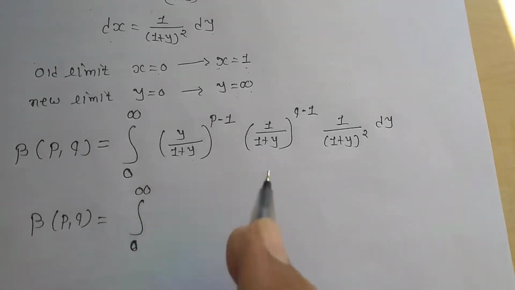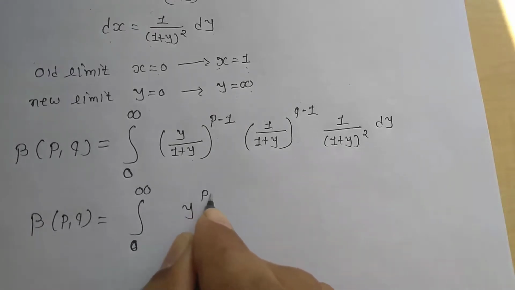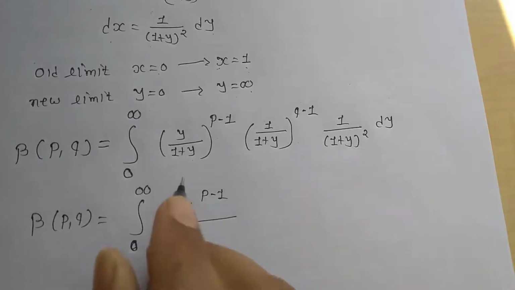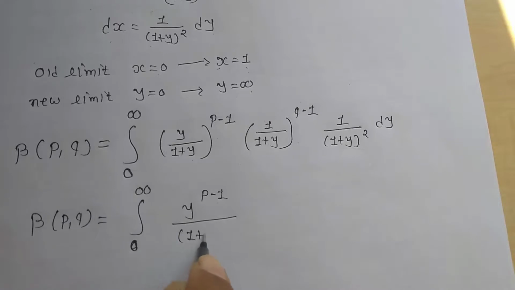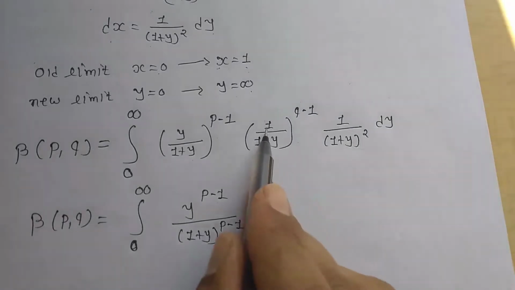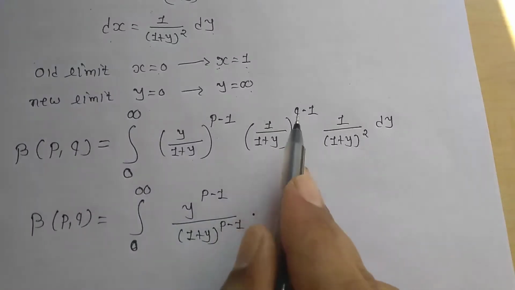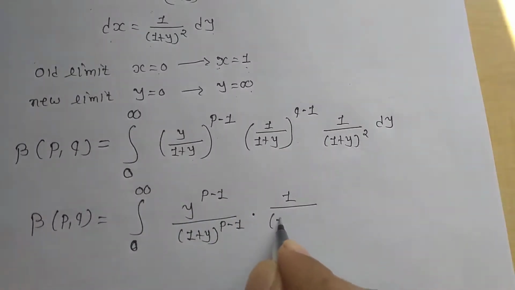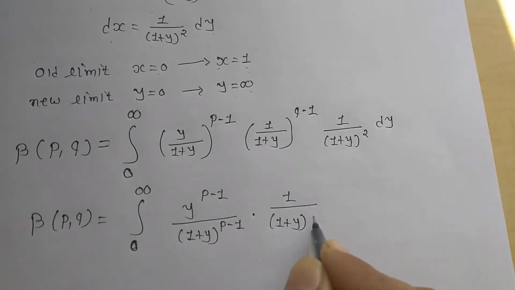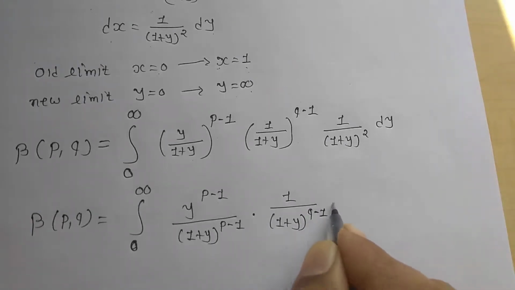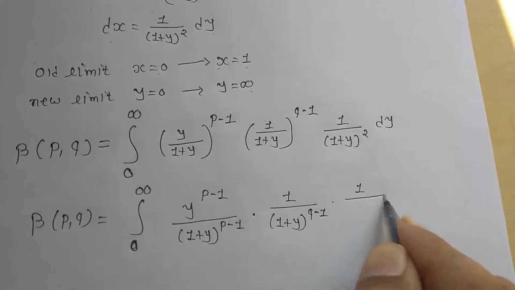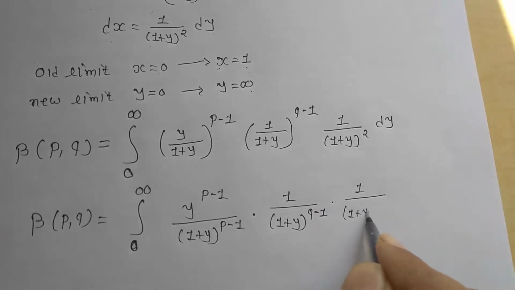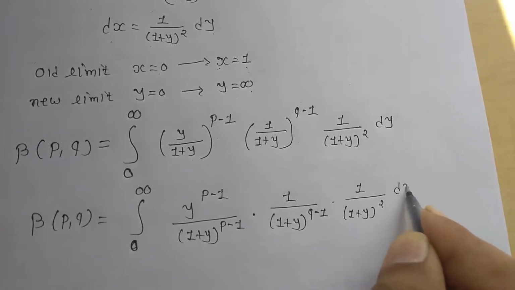Separate the power: y raised to p minus 1 divided by 1 plus y raised to p minus 1, into 1 upon 1 plus y raised to q minus 1, into 1 upon 1 plus y square dy.